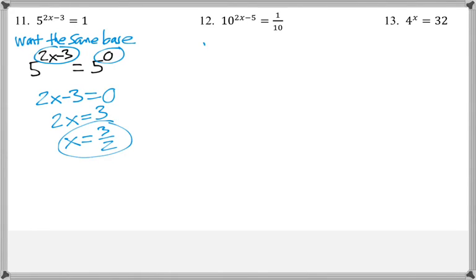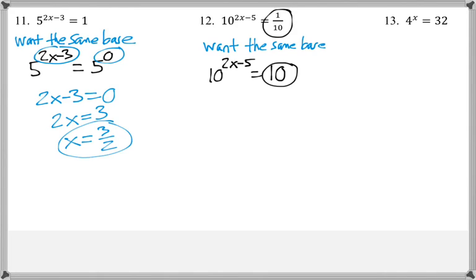On number 12, my first step is to get the same base. So the left-hand side I'm not going to change, but the right-hand side, how can I express 1 over 10 as 10 raised to some power?